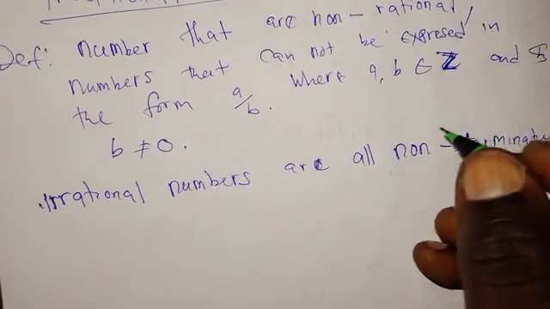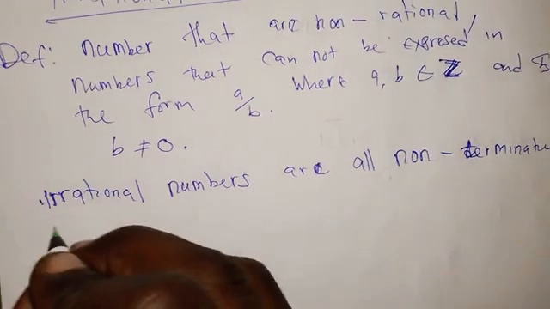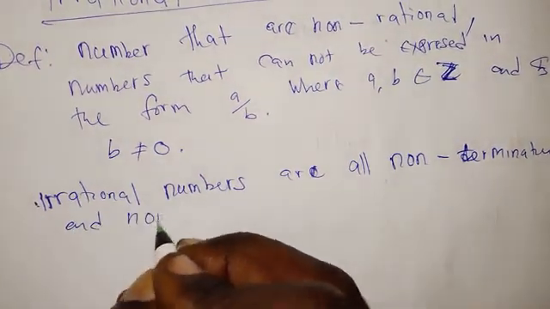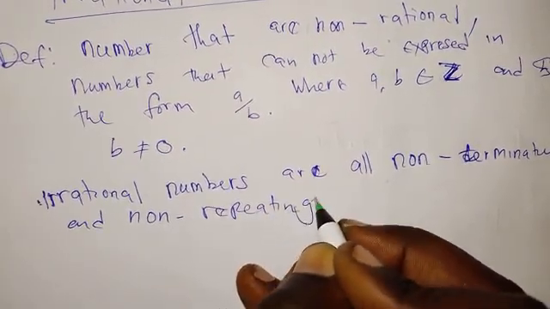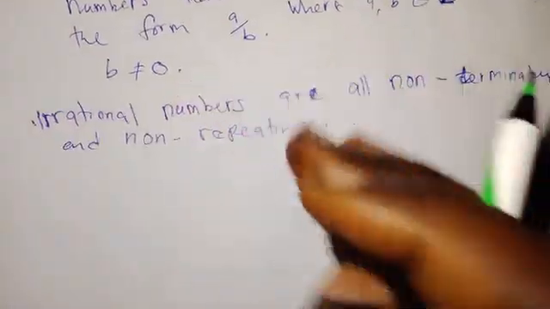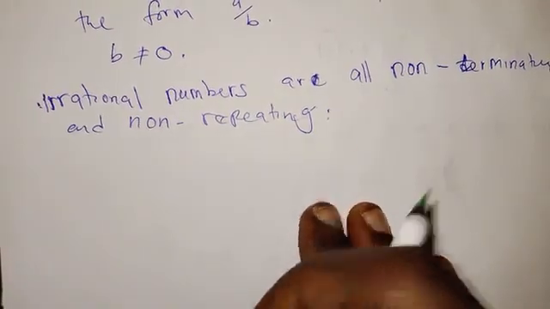Remember we talked about terminating and repeating. So irrational numbers are all non-terminating and non-repeating. They are non-terminating, at the same time they are non-repeating.